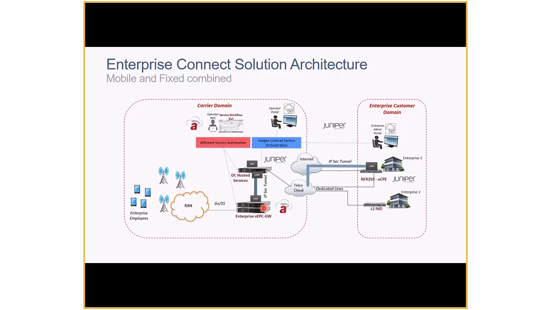If those enterprise users are assigned to an APN or an IP address pool that has policy on it, then any traffic that needs to get to any of the enterprise, whether that's a site or headquarters, we can use policy through our virtual SRX software and do IPsec tunnels for security to bring back the traffic from even the mobile subscribers into the enterprise, and the enterprises, either L2 or L3, to bring that traffic across the internet directly into the telco cloud or the service provider cloud, so that what we have is now mobile users, layer 2 connected facilities, layer 3 connected facilities to the internet or directly connected to the service provider, all managed as one enterprise.